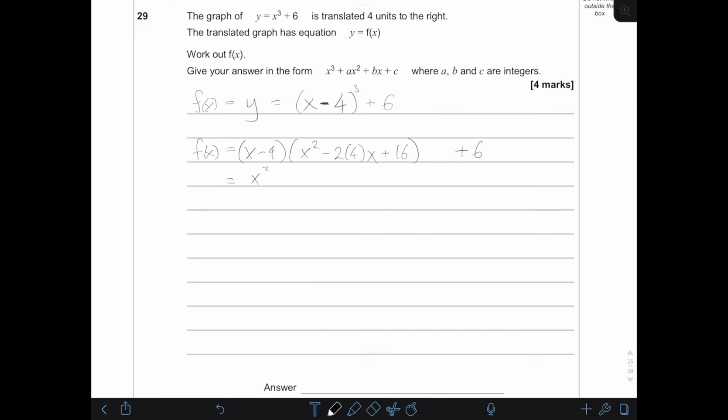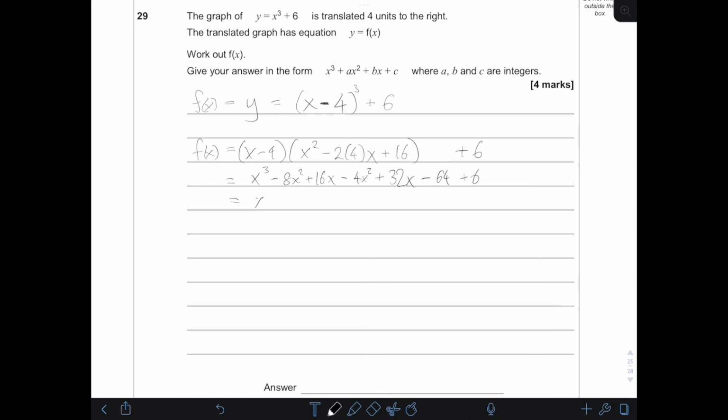We have x cubed minus 8x squared plus 16x, minus 4x squared, minus of minus is plus, 4 times 8, 32x, and then finally minus 64 plus 6.